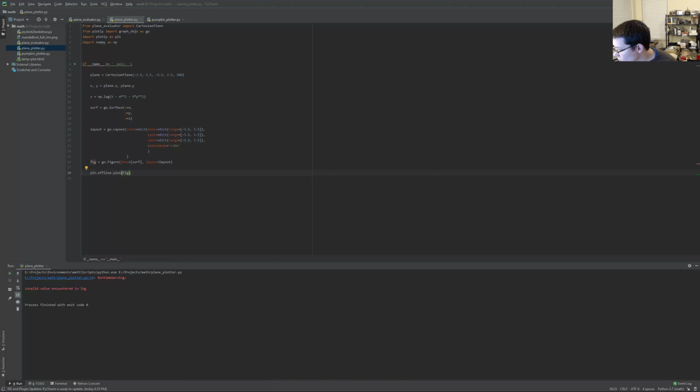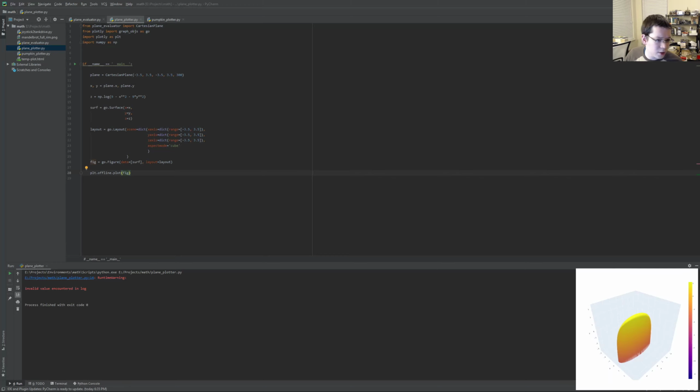Go back to PyCharm. This one. Not sure why it's not showing my ref from earlier. Okay, so I'm going to comment that one out, and we'll plot it. The new function, z equals, looking back at the other thing, y cubed plus 5x squared y.